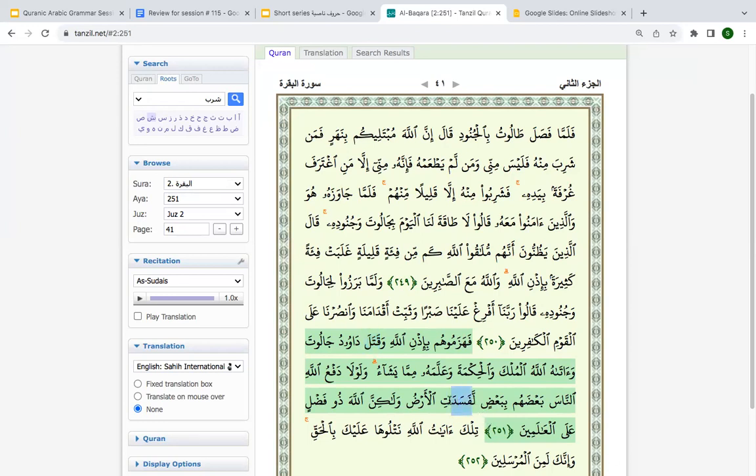Your next word is fasadat. What are the options for this word? Same, three options, right? You are never going to tell me there is only one option. You are always going to tell me it can be fasada: nasara, daraba, or fataha.